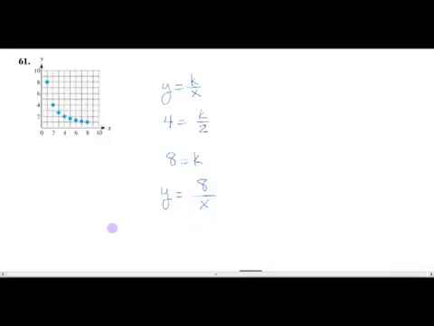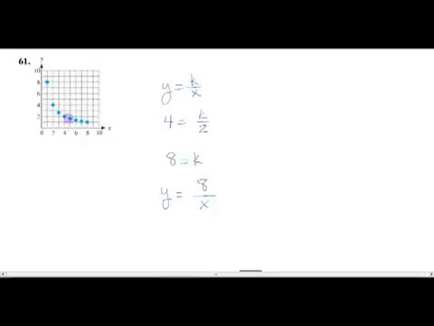Let's go ahead and check the points and see if it's really going to fit everything. If I put in an x value of 1, I do get an 8. If I put in a 2, I will get a 4. If I put in a 3, I would get 8/3, or 2 2/3, and that looks like 2 2/3. If I put in a 4, I would get out a 2.